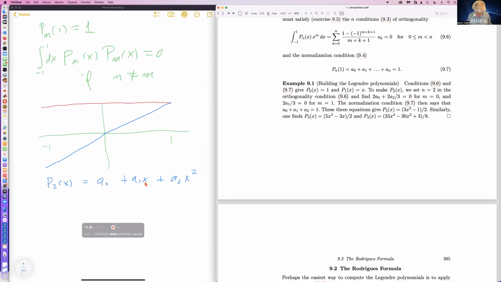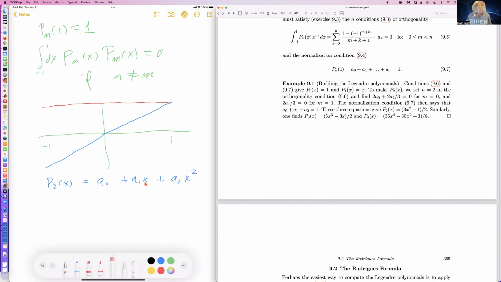So we're going to set this term equal to 0. And then we have the normalization condition that 1 is equal to A0 plus A2.